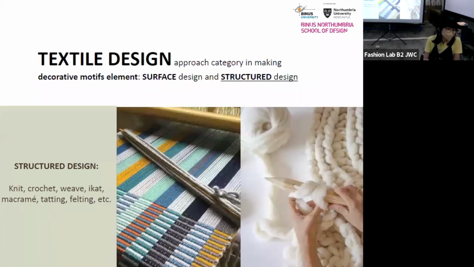In surface design, the decorative making process is on top of the material. Jadi materialnya udah jadi, and then we add something on top of it. Okay? While in structured design, we create the decorative element during the fabric making process.